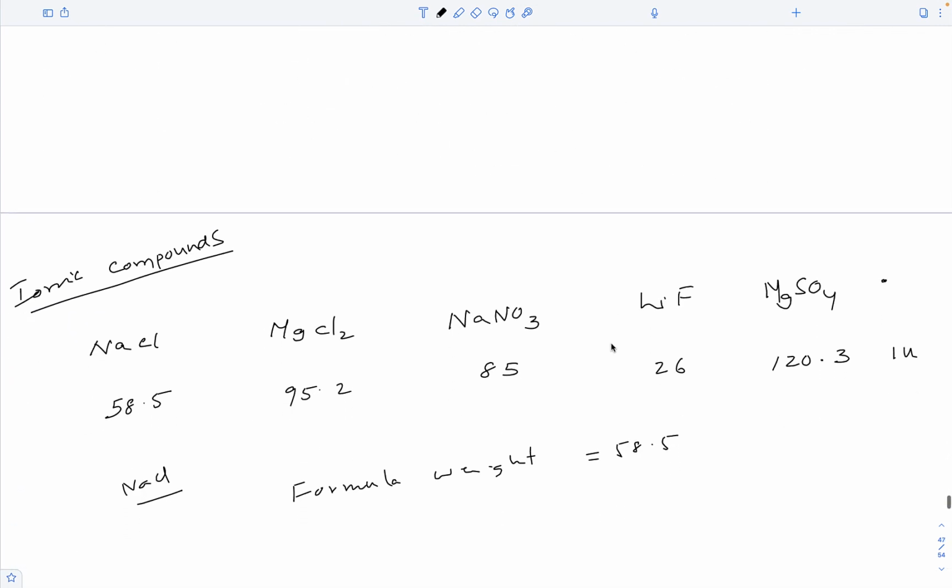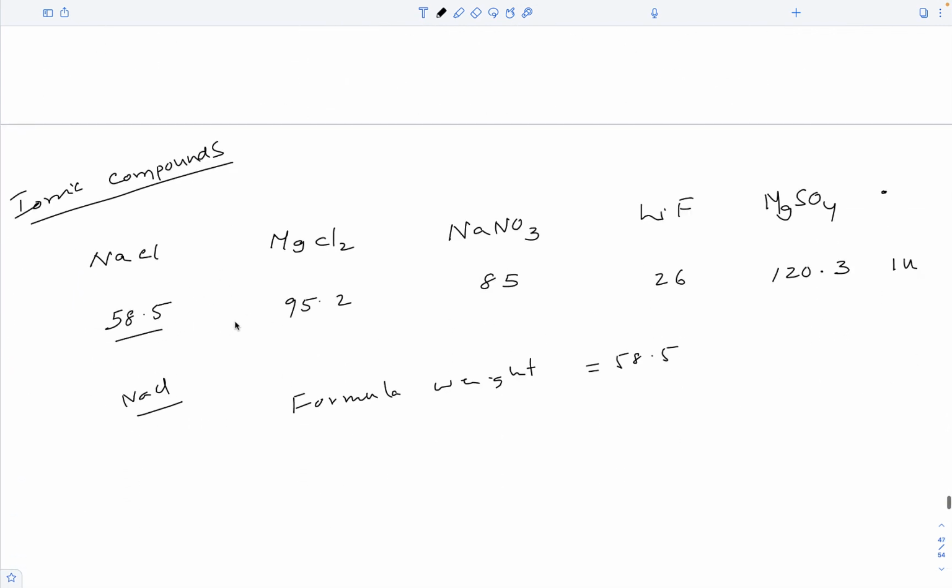And here are some ionic compounds and their approximate formula weights. Again, if you want to have equal number of formula units of different ionic compounds, then their weights must be in the ratio of their formula weights. The formula weight of sodium chloride is 58.5.